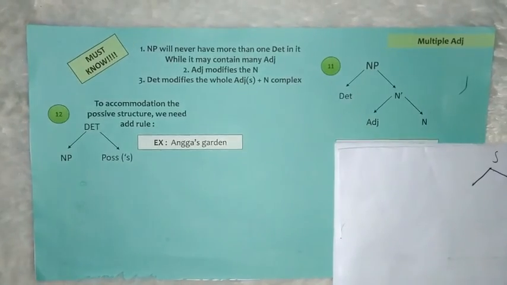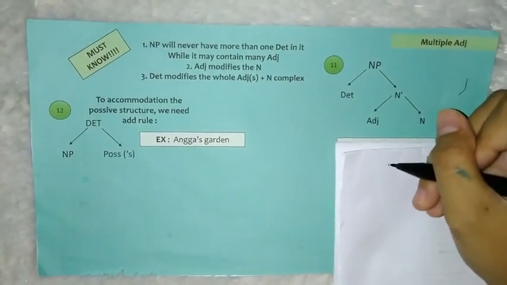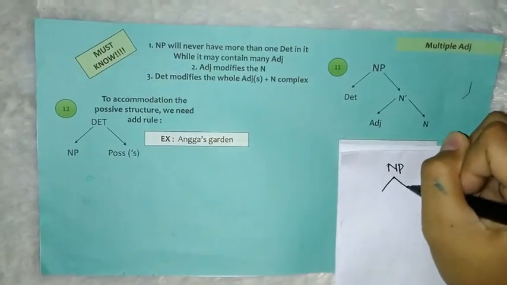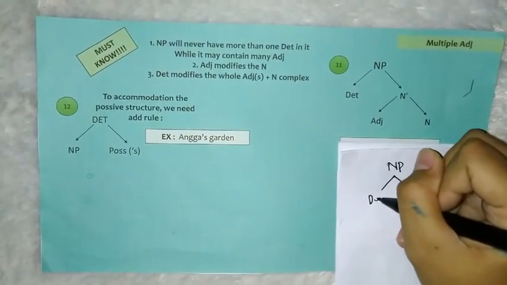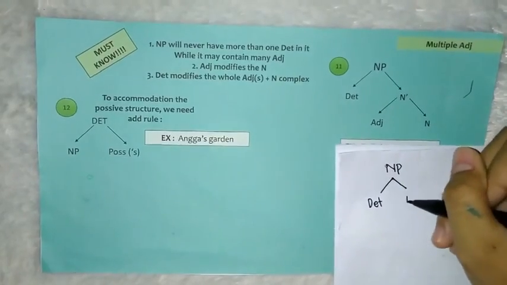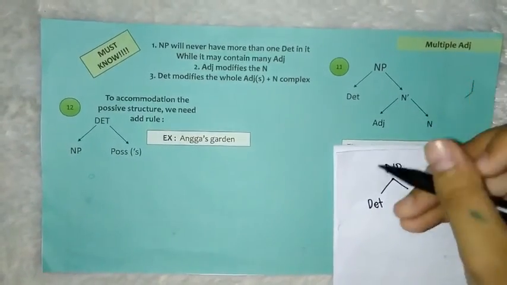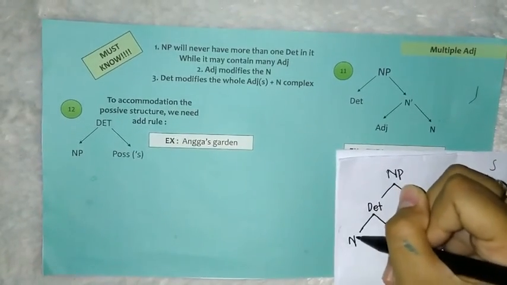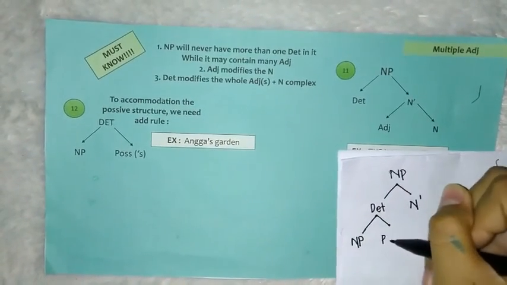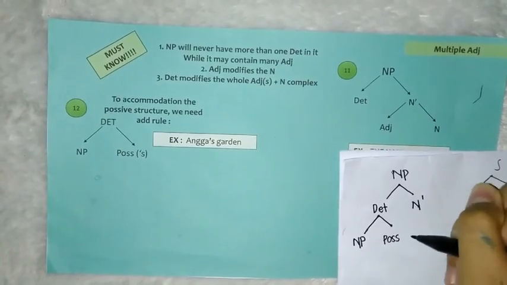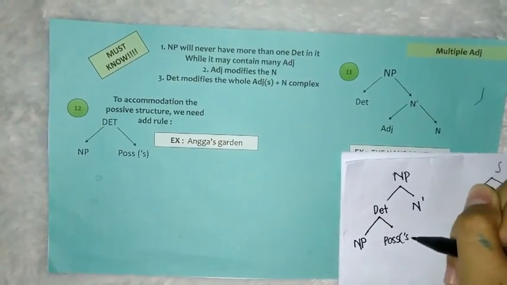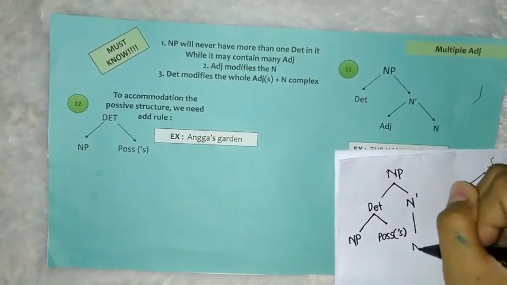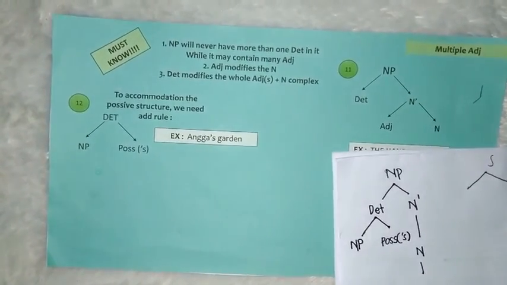So like this is, of course, start with the noun phrase and determiner with the N bar, same as like this. But determiner in here is noun phrase with pos, or possessive, and the N bar is just a standalone noun.